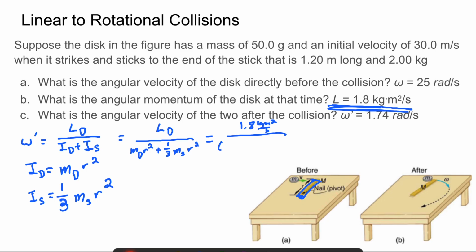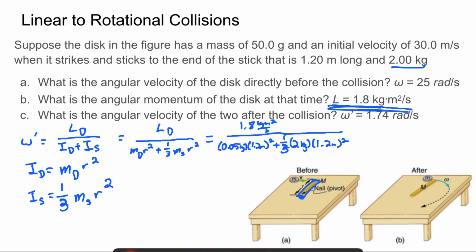Then our mass of the disk is 0.05 kilograms times the length of the rod, which is 1.2 meters, and we're going to square that. And then plus 1/3 times the mass of the stick, which is 2 kilograms, times the length of the stick, which is 1.2 meters squared.